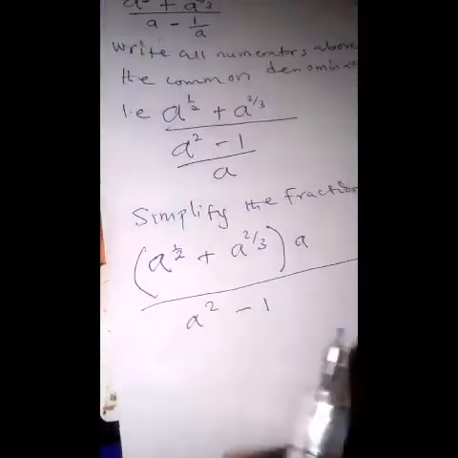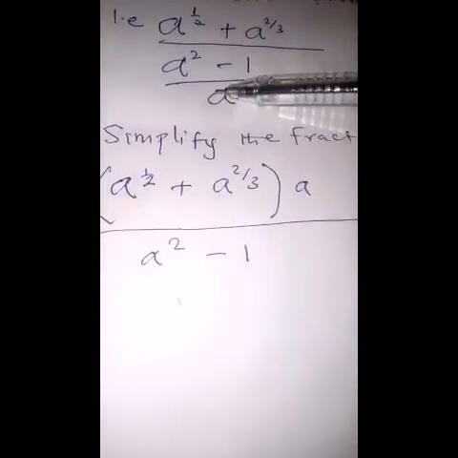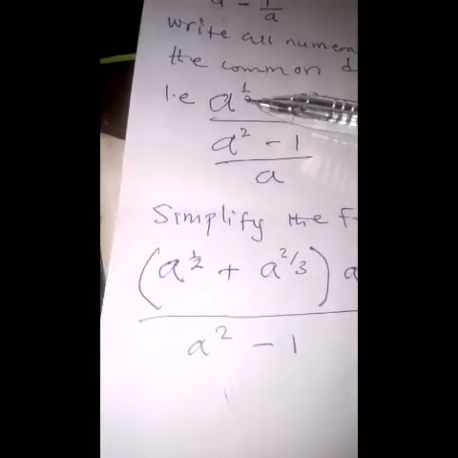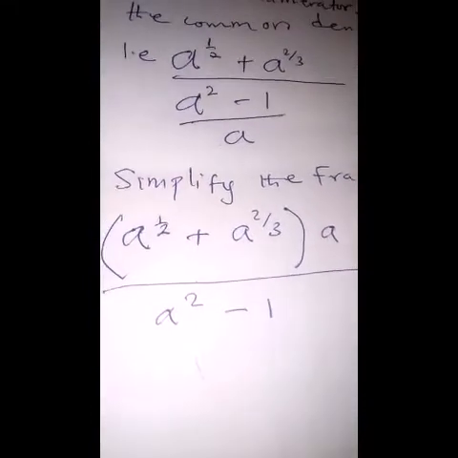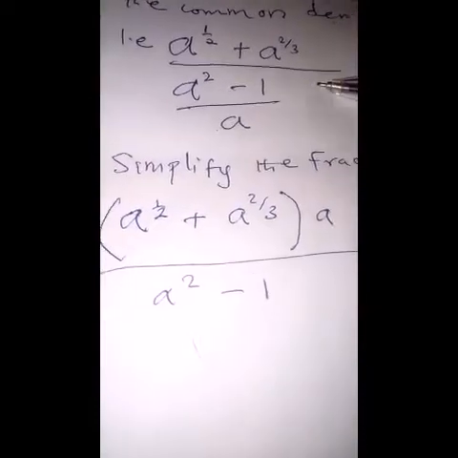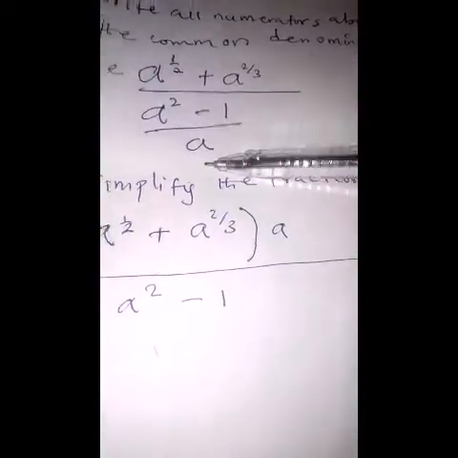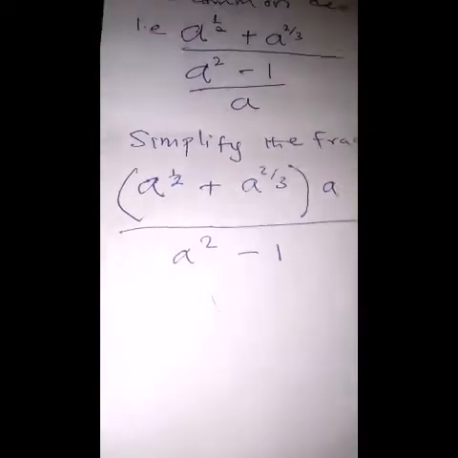Now if you look at this, you know what I did there. From the exponent rule, we have a fraction here. This is the same thing as a raised to power 1 over 2 plus a raised to power 2 over 3 divided by a square minus 1 all over a, whereby if you change your division to multiplication, the one down will go up and the one up will come down. So that is how we did it to get this.